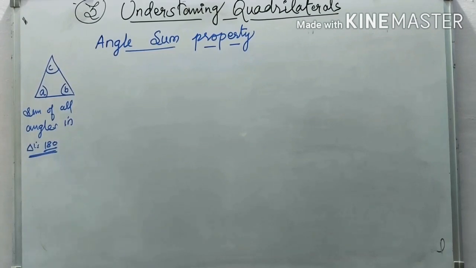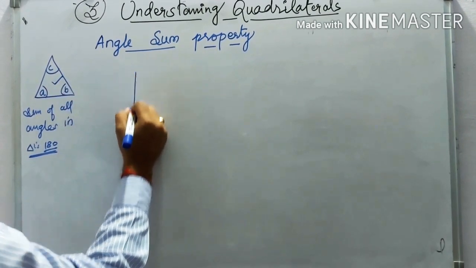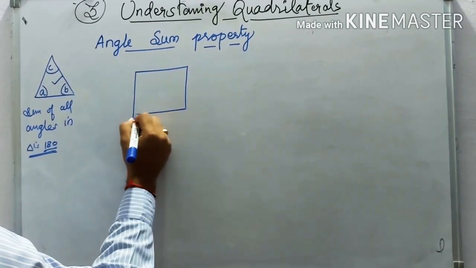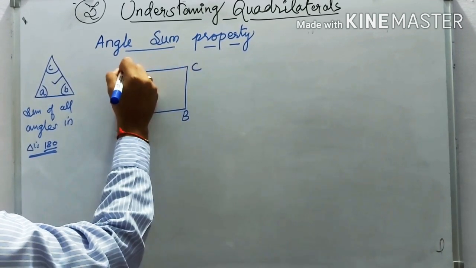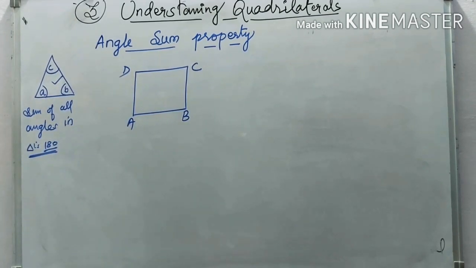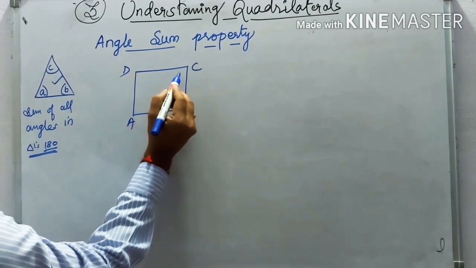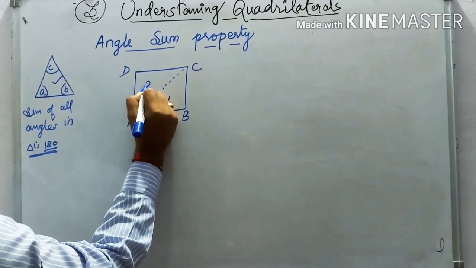But how to use it in a polygon? Suppose a polygon is a square ABCD. It's called a quadrilateral because a four-sided polygon is called a quadrilateral. Divide it into two parts, this is the first part and second part.